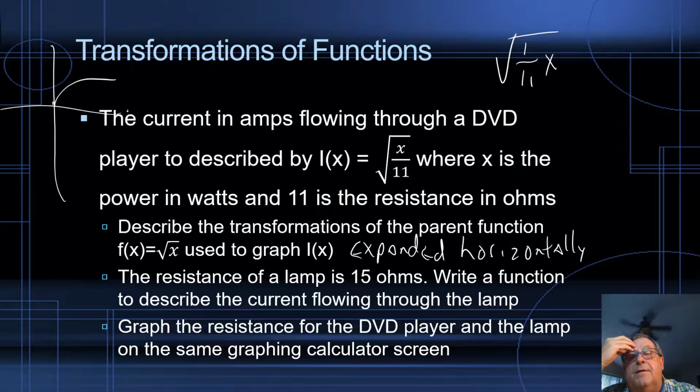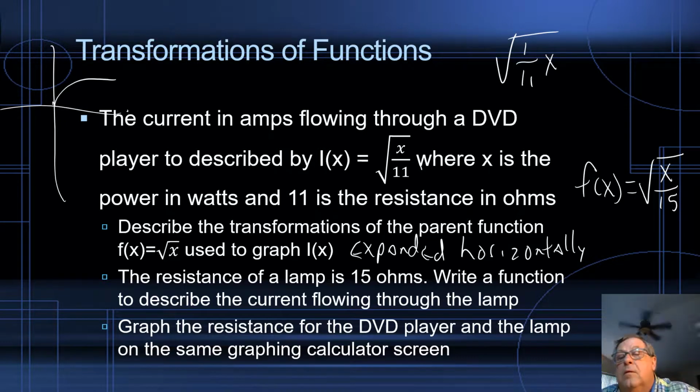In the case of the DVD player, 11 is the resistance in ohms, and here with the lamp, the resistance is 15 ohms. So we can write this function this way: f of x equals the square root of x over 15. And that would tie us to this.